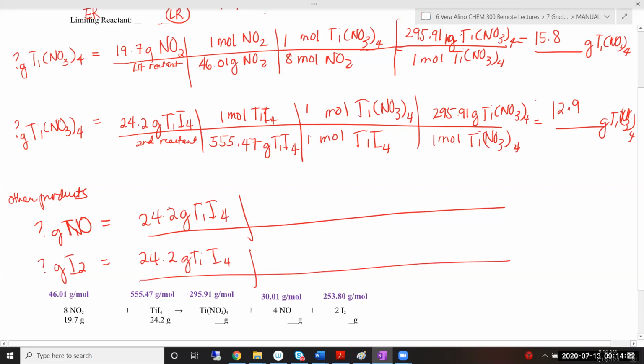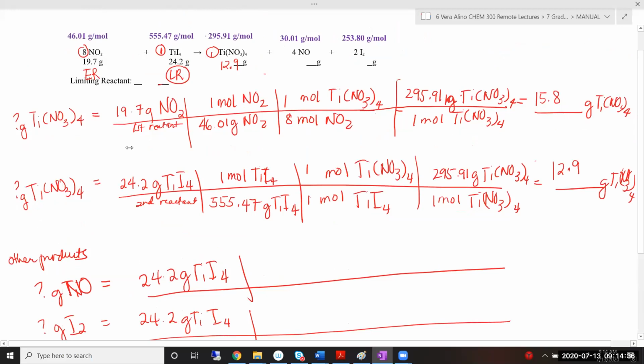Notice that I'm just using this now to perform my calculations. I no longer need NO2. This very first step is only used in order to figure out who is the limiting reactant.